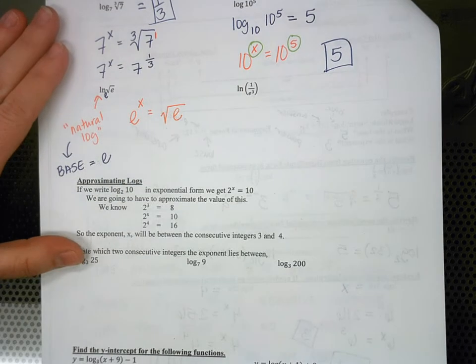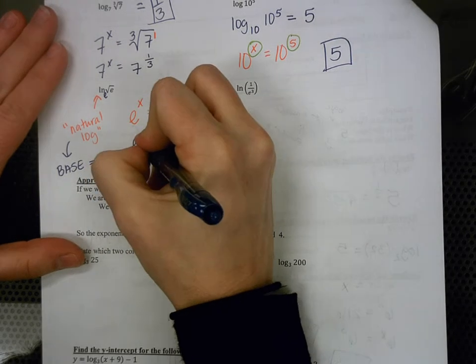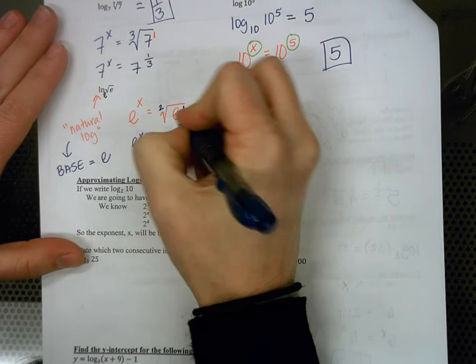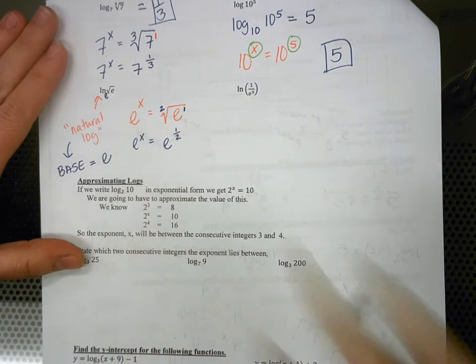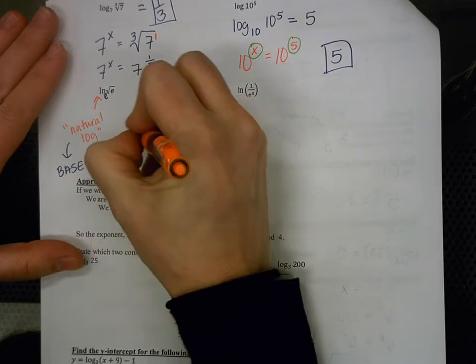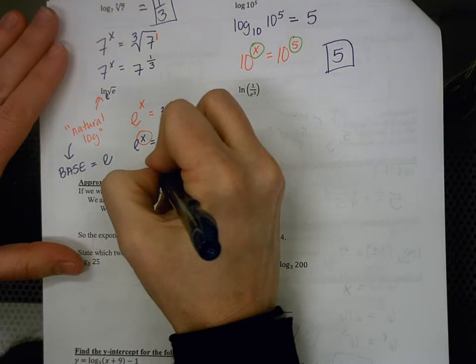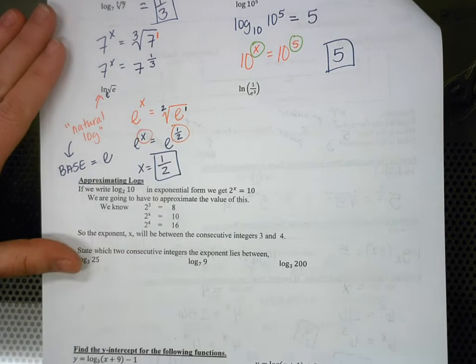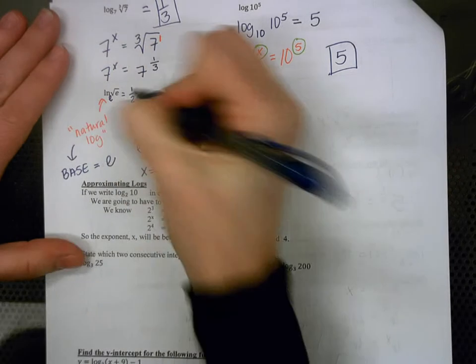Well, we can rewrite this into exponential form, e to the first, square root is an index of 2, so this would be e to the 1/2. And then you'll see that my exponents are 1/2. So x equals, or you can just write 1/2. We're just evaluating that natural log.